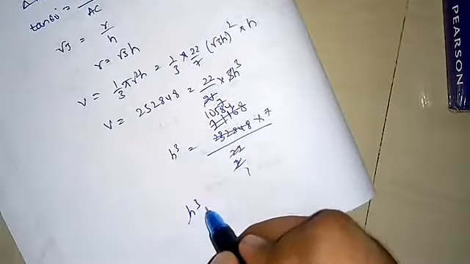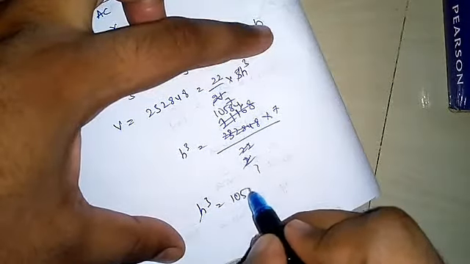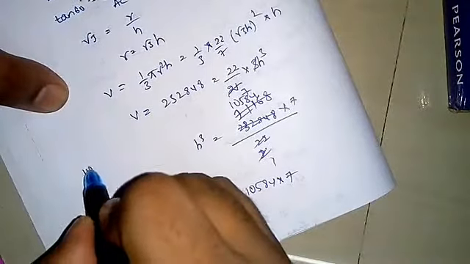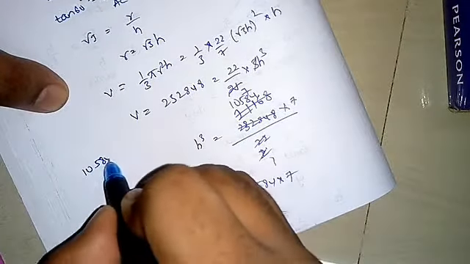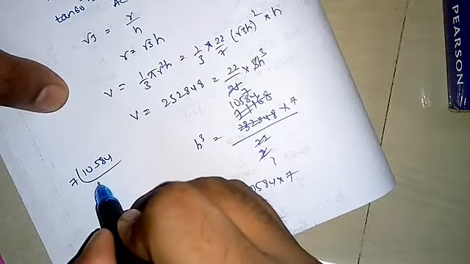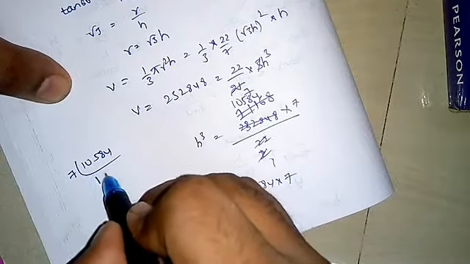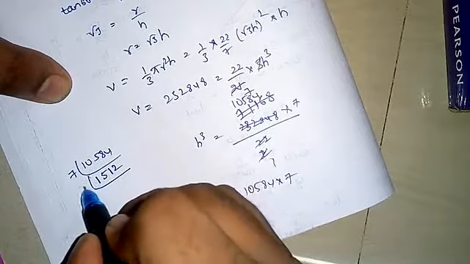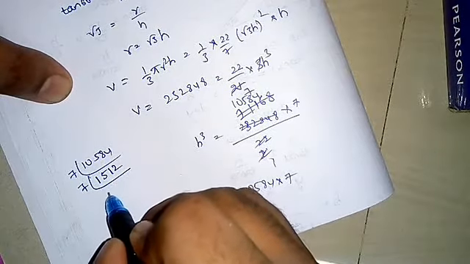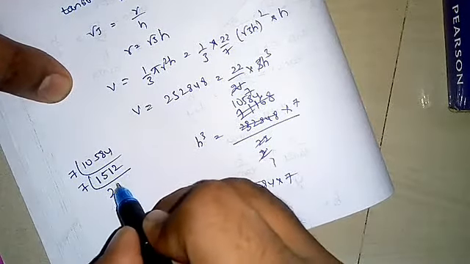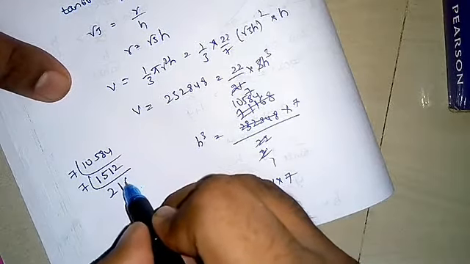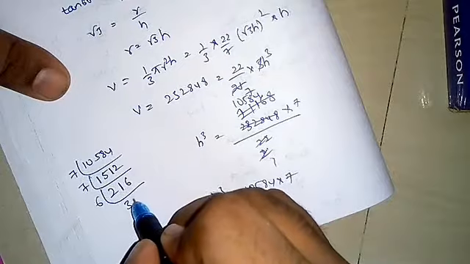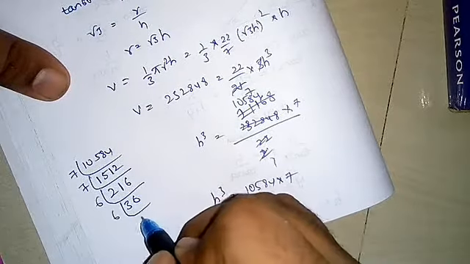So H cube is equal to 10584 into 7. Let's do prime factorization. 10584 in the 7 table. 7 1s are 7, 7 5s are 35, 7 1s are 7, 7 2s are 14. Do that one more time with 7. 7 2s are 14, 7 1s are 7, 42, 7 6s are 42. 6 1s are 6, 6 3s are 18, 6 6s are 36.